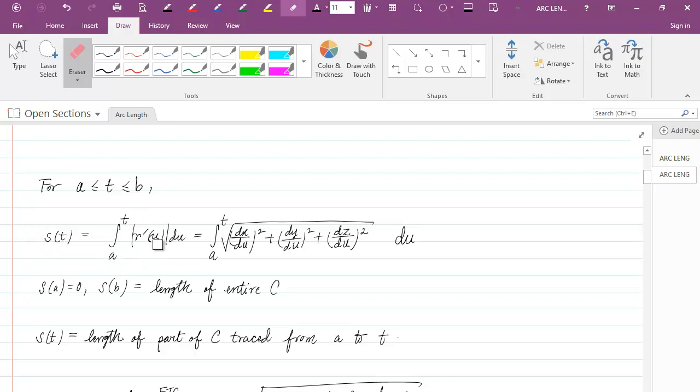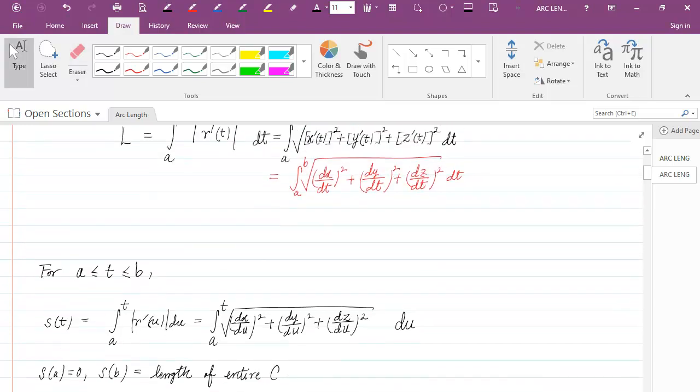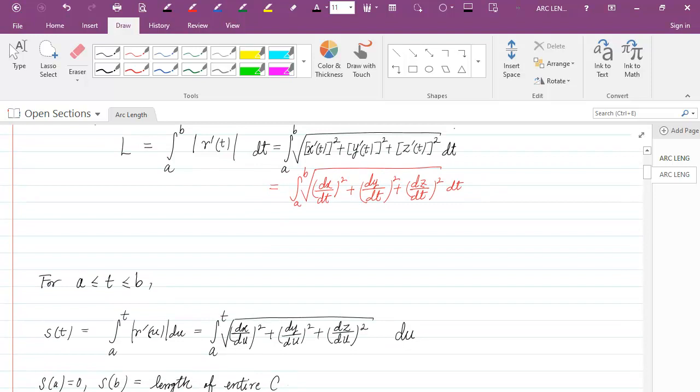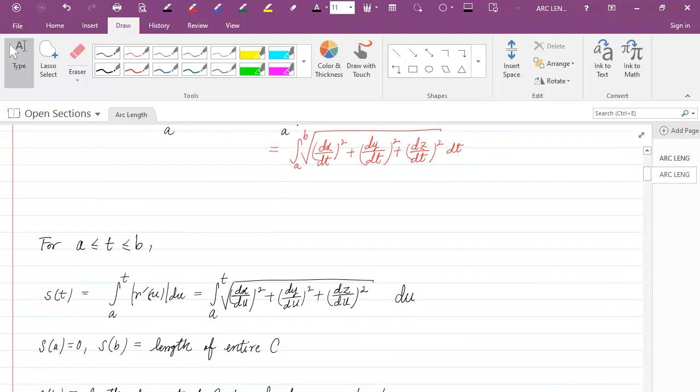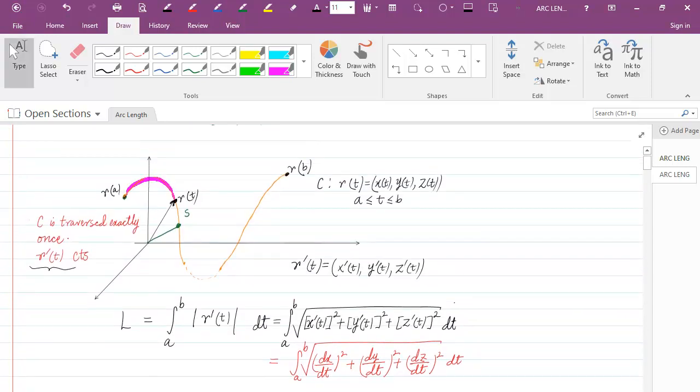of r prime of u du, which is equal to the integral from a to t of the square root of dx du squared plus dy du squared plus dz du squared. Now, this integral is giving us the arc length from a to t.